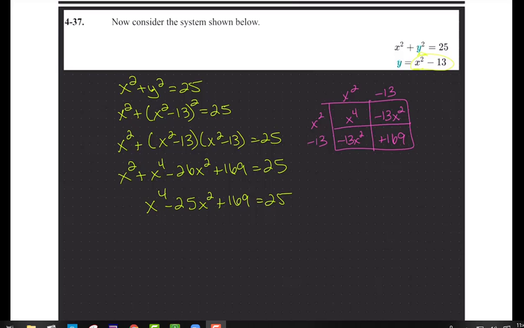Right? So we can try and get everything on the same side. So we can subtract that 25 over. We have x to the fourth minus 25x squared plus 144 equals 0.